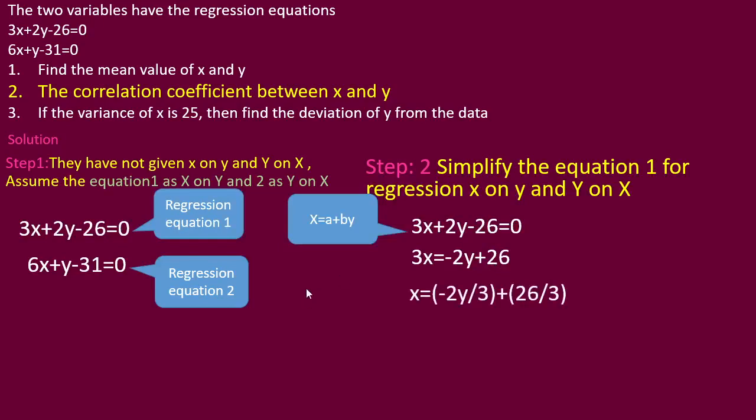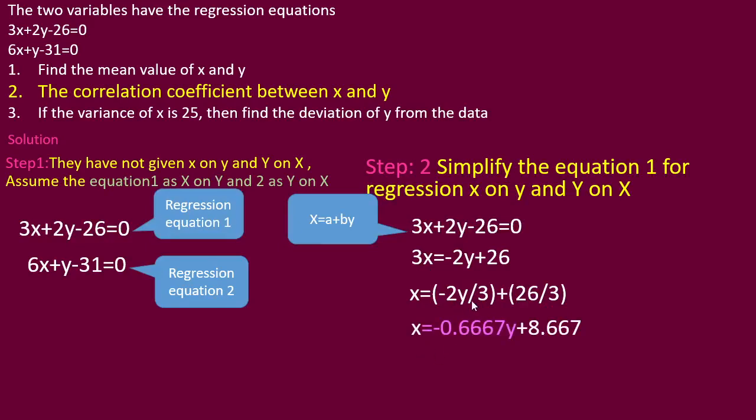And here I'll keep the x on the left hand side itself, because we need to maintain the x equals format. So x equals minus 2y plus 26 divided by 3. So it is minus 2y divided by 3 plus 26 divided by 3. So further I can simplify here.